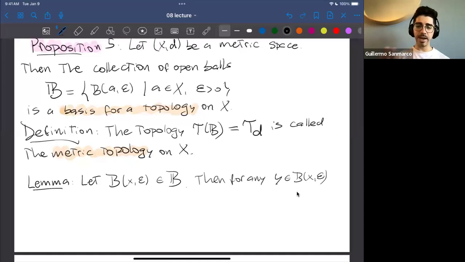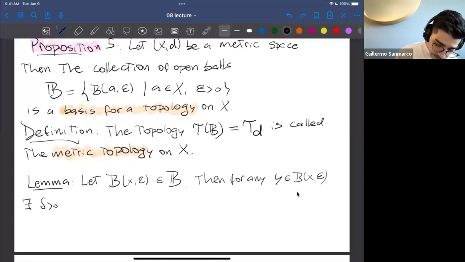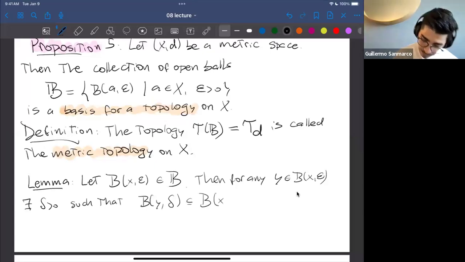That means they should be a neighborhood of every point in the set. So if you take any point there, there should be a neighborhood, and that means there should be a ball. So for any y, there exists some positive delta for which the ball centered at y of radius delta is inside of the ball centered at x of radius epsilon.